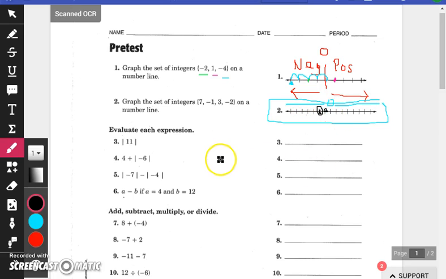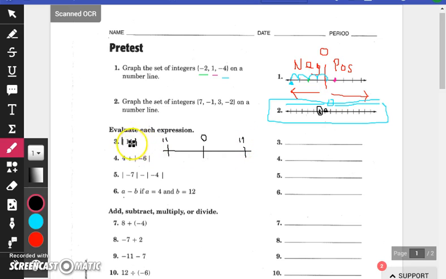Okay, that's a perfect opportunity to now move into absolute value. Absolute value refers to the distance away from 0. So even if you have a negative number in the brackets, it's going to be a certain distance away on the left-hand side of 0, the same as a positive.